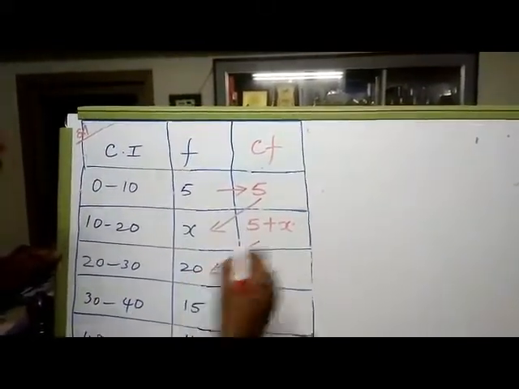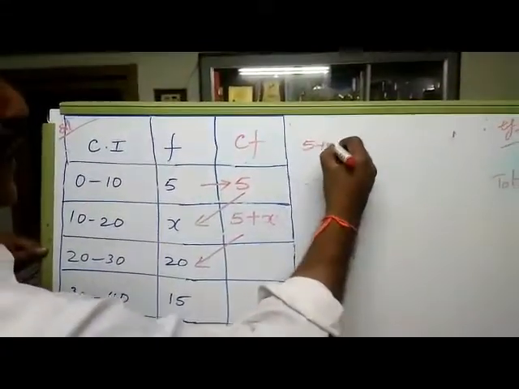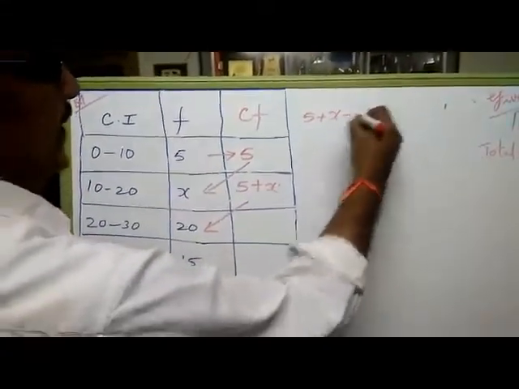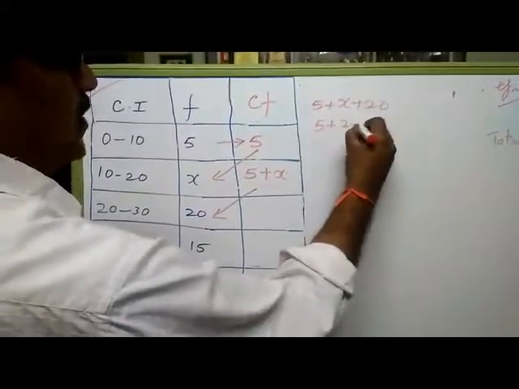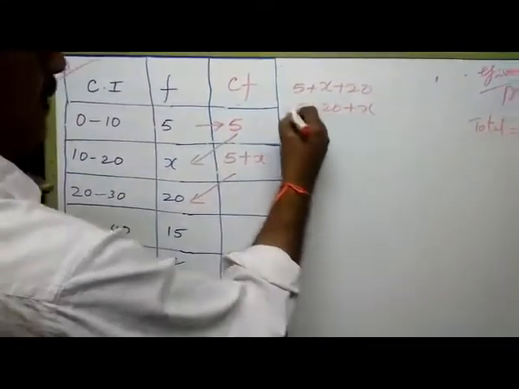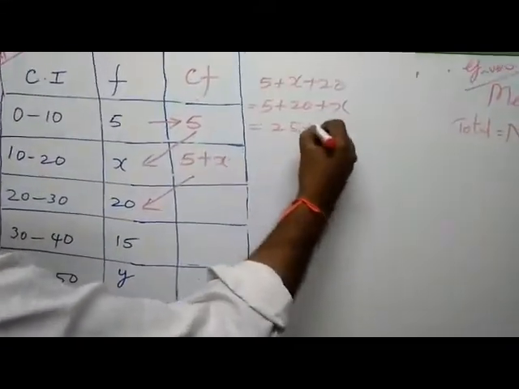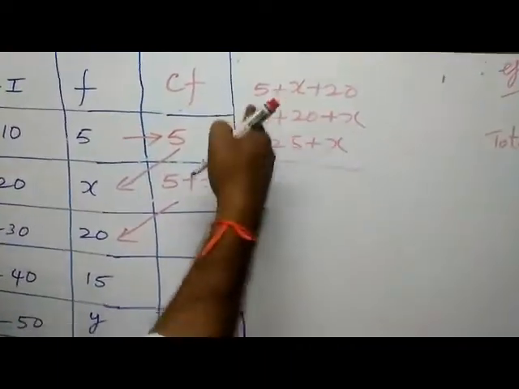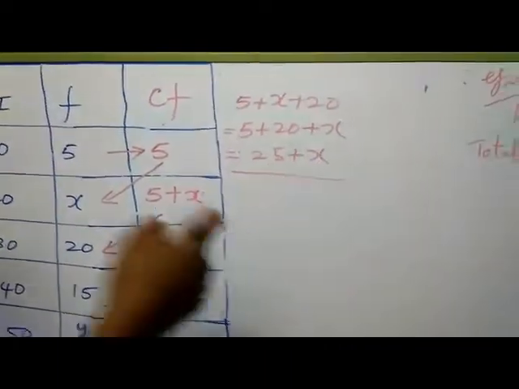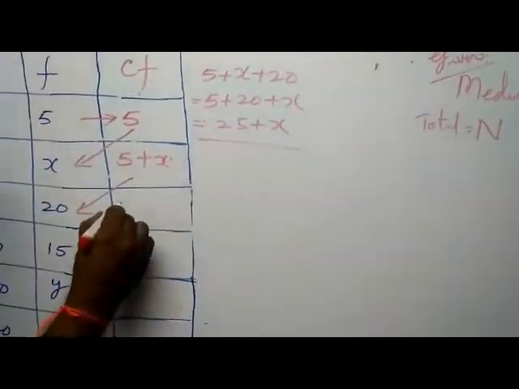Next, 5 plus x plus 20, which is nothing but 5 plus 20 plus x, that is 25 plus x, not 25x.